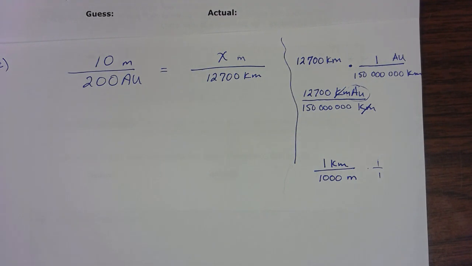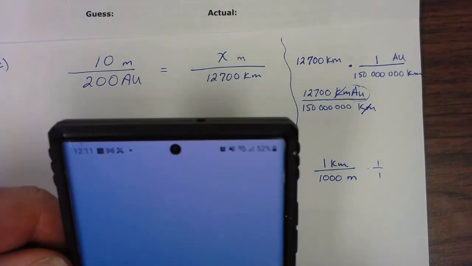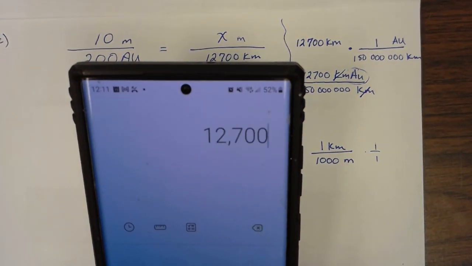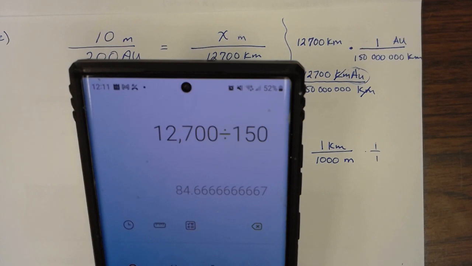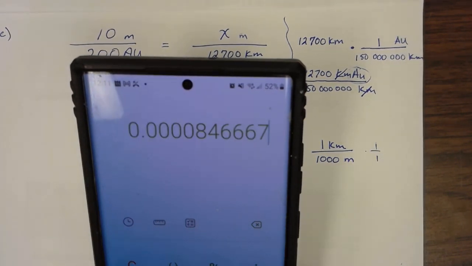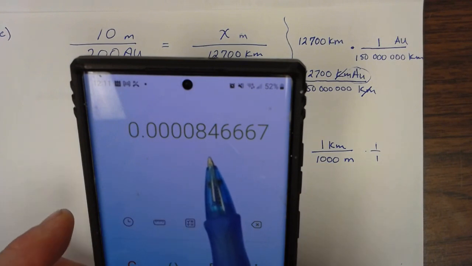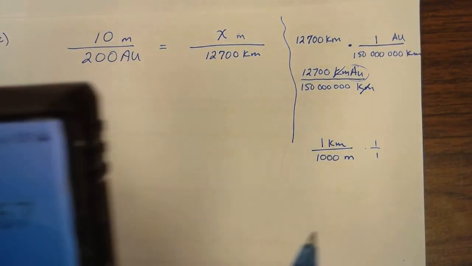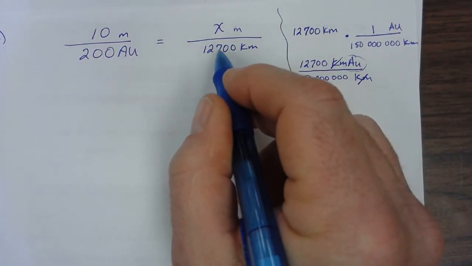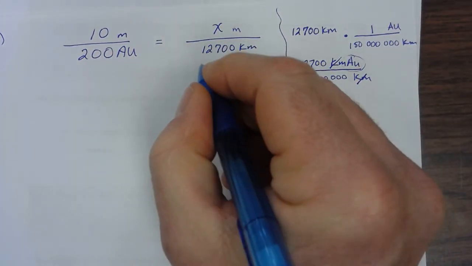So we get out our trusty calculator, and let's just see. We've got 12,700 divided by 150 million is this number here. Okay, so 4 zeros, 846 repeated. Okay, so instead of this, I've converted it to AU.